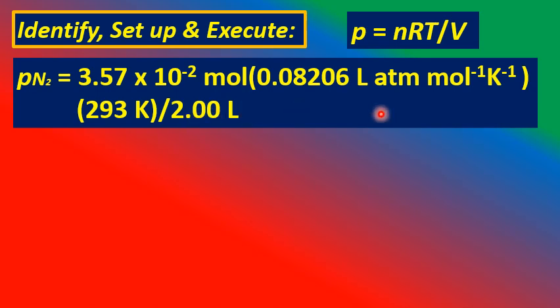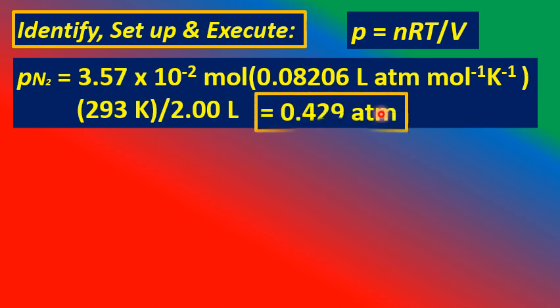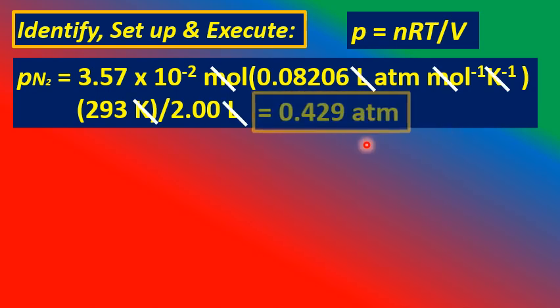So doing our math, we get the partial pressure of nitrogen gas equal to 0.429 atmospheres.